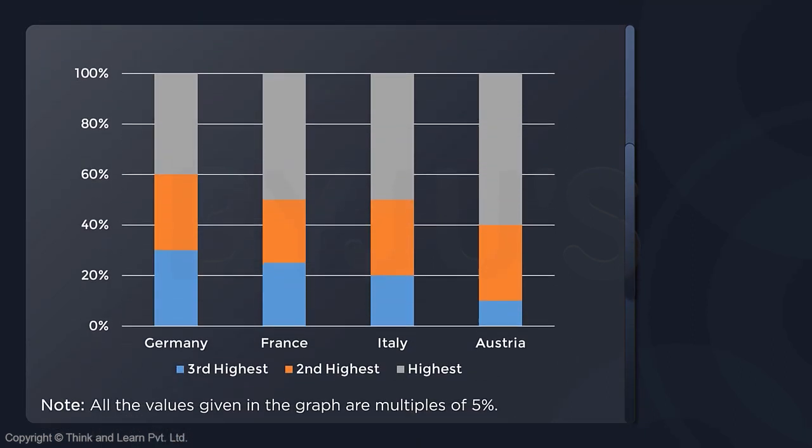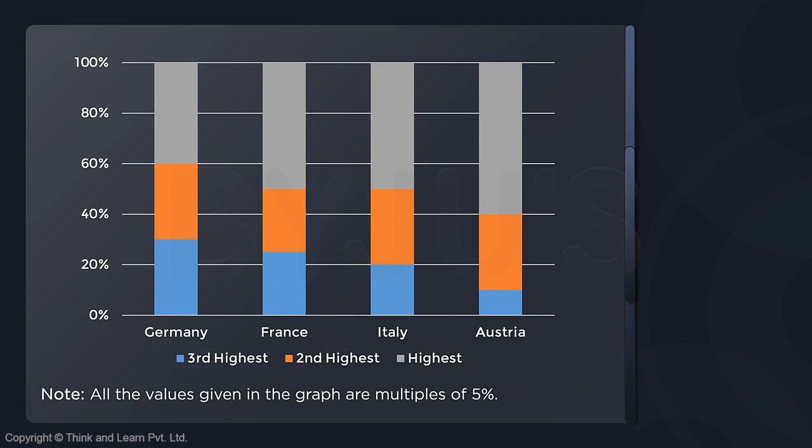So if you look at the graph, this is actually 100%, right? Stacked bar graph of 100%. That means when you talk about the top 3 products, the percentage is among them only.